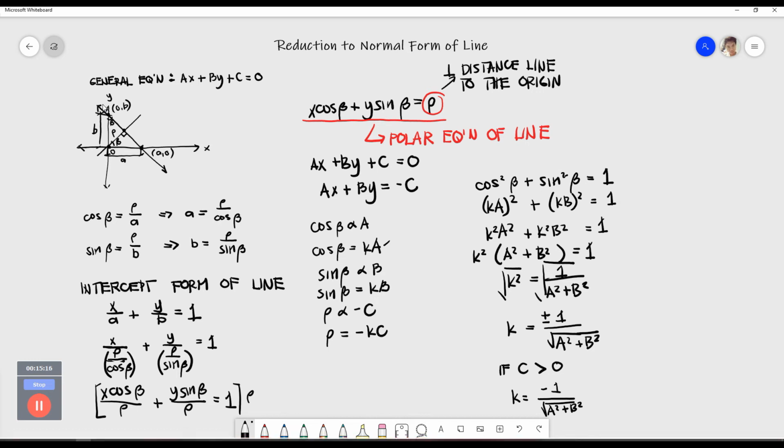Now let's simplify to get the normal form of the line.